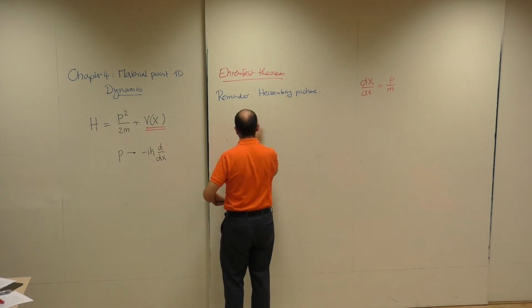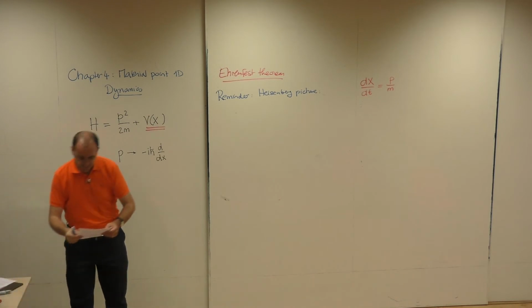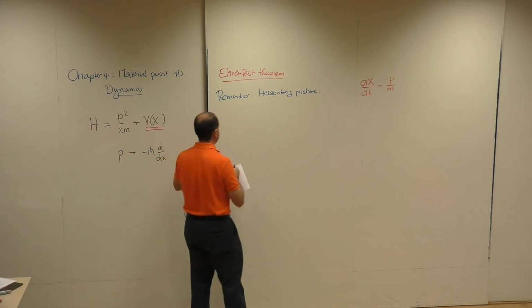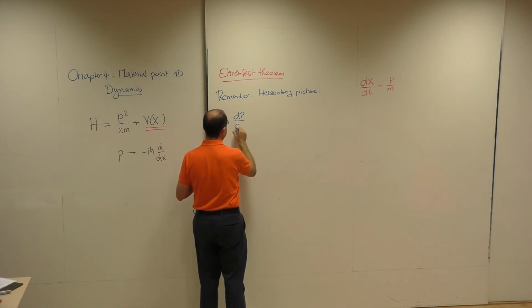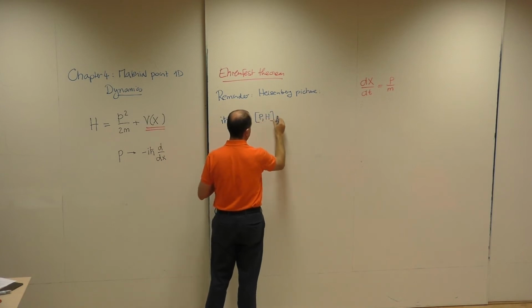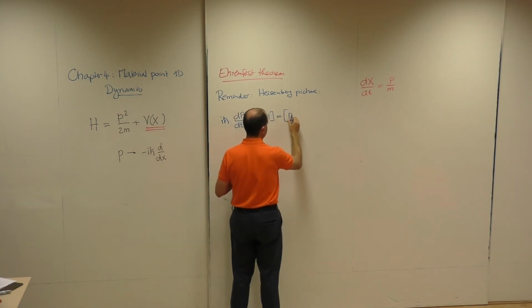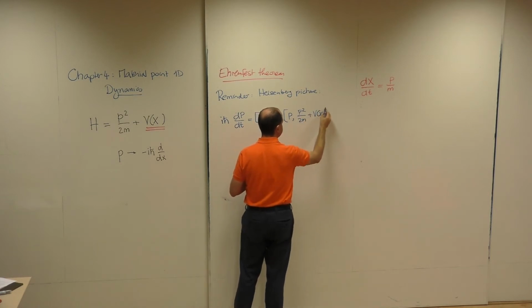This one is a bit longish to do. It's one of these things where you have to be careful. So, iħ dp/dt is equal to the commutator of p with H. Again, this is equal to the commutator of p with p squared over 2m plus V of x.